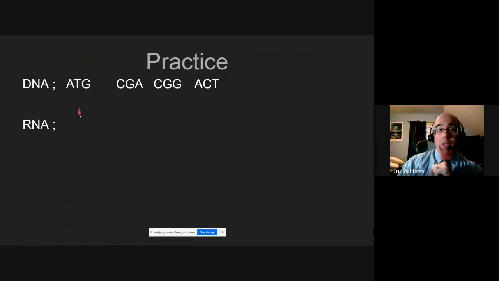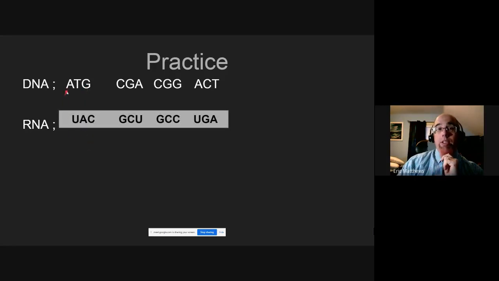T will link to A. G will link to C. So U, A, C. And the next one, C will link to G. G will link to C. A will link once again to T, but there is no T, so that's a U. And you could continue this down for all of them, step by step.